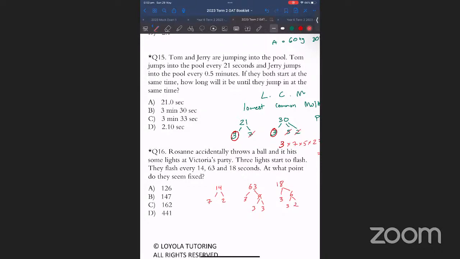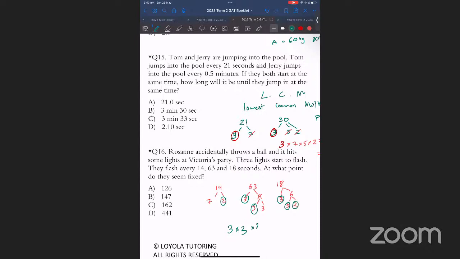All right. So here are all the factors that we have. So let's start crossing out the ones that are similar. So 3 is common here and here. So we include it once. 3 is common here and here. So we include it once again. 2 is common here and here.